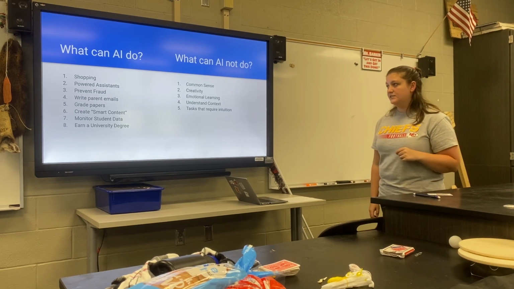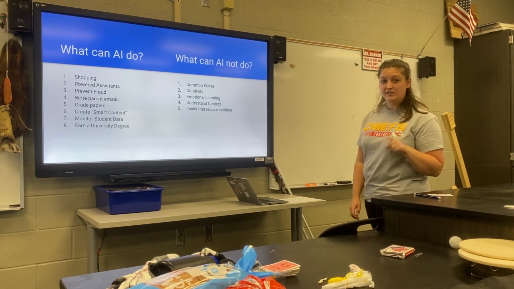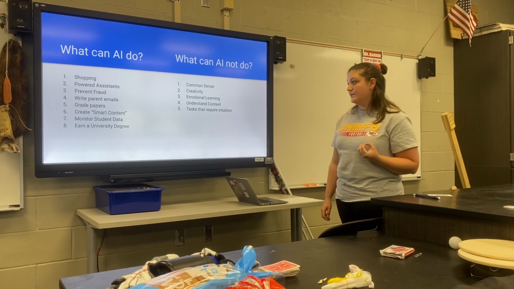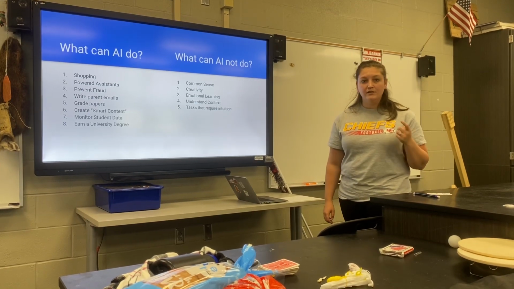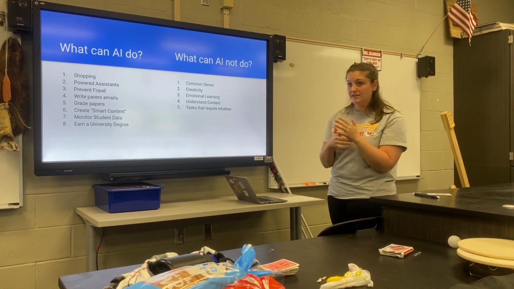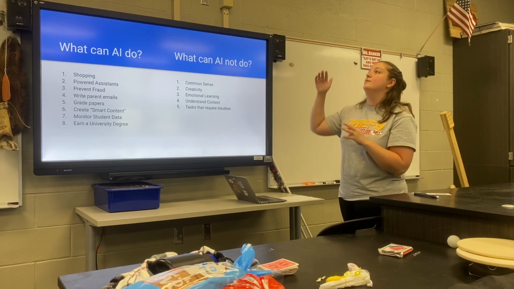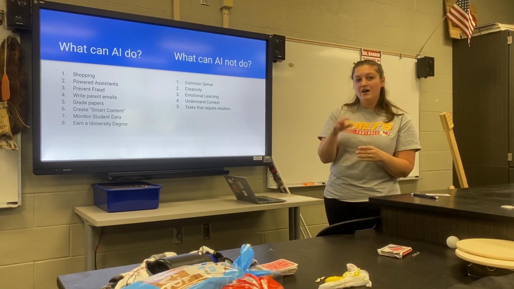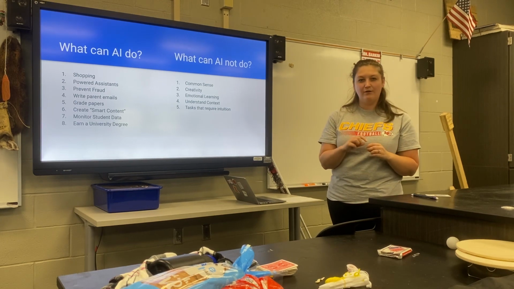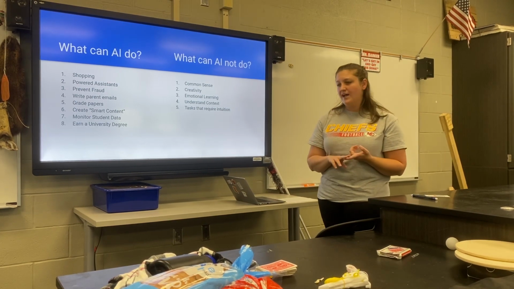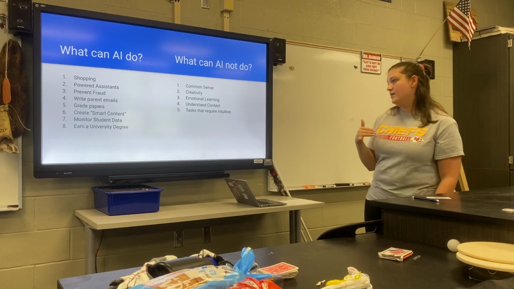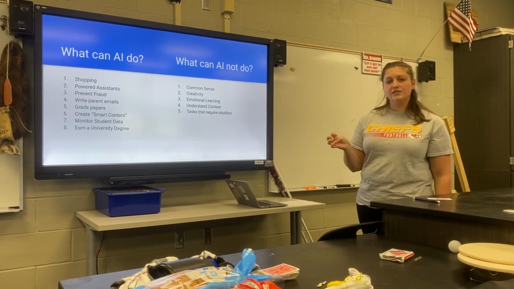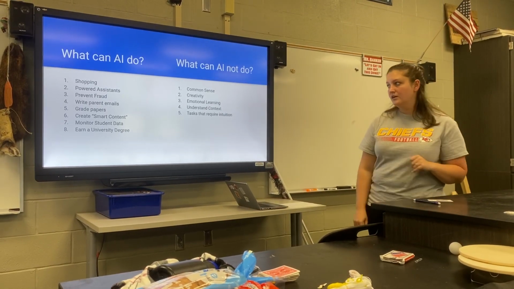Those are powered assistants such as Siri and Alexa. The shopping is also interesting with smart refrigerators now. You can have them take a picture of what's inside your fridge and they will give you recipes you can create, or tell you what things you're low on and what you might need. So that's just some practical everyday use.